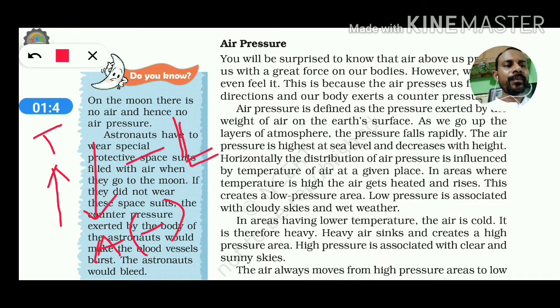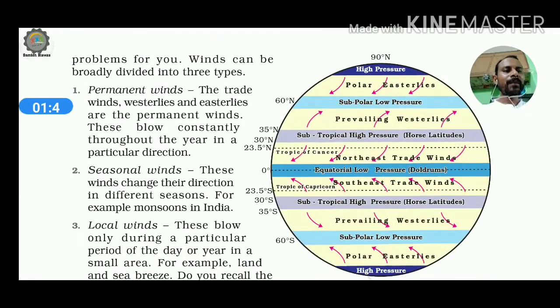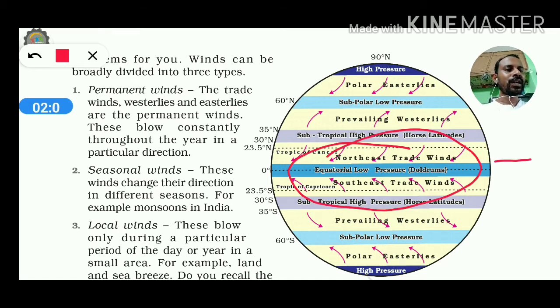That is why we can also see the permanent low pressure belt, look at the diagram once again, in the equatorial region. It is written here, equatorial low. Why is it referred to as the equatorial low? Because this particular section always receives vertical sun rays.